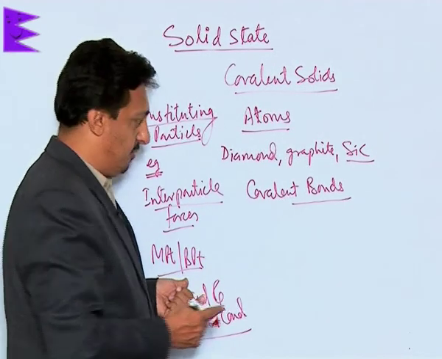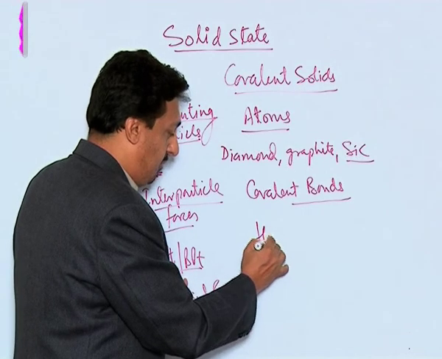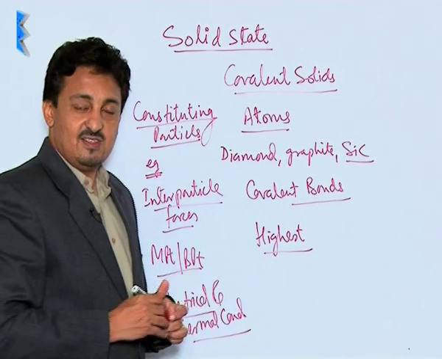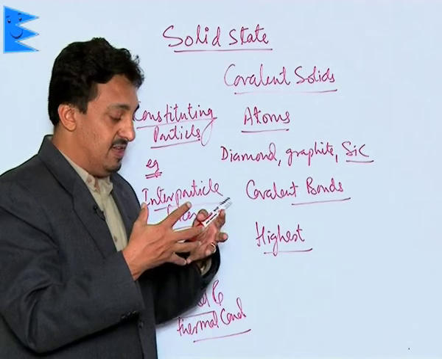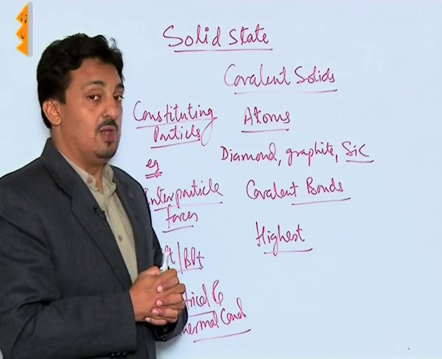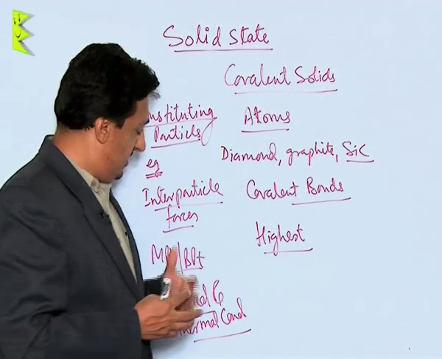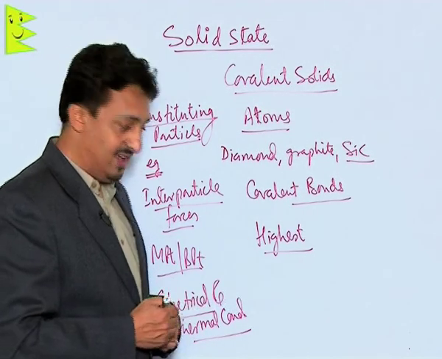Melting points and boiling points. Their melting points and boiling points are the highest among all types of crystalline solids. The reason is that their interparticle forces, the covalent bonds, are very, very strong. They form very big giant structures. So their melting points and boiling points are highest.